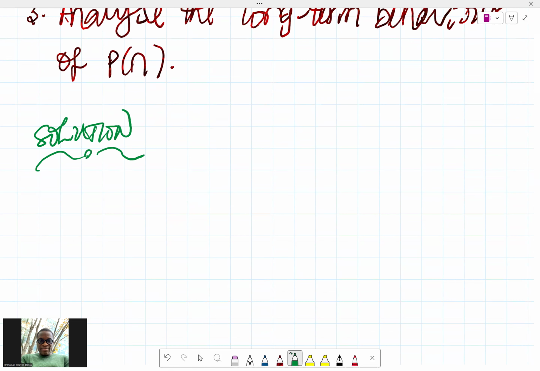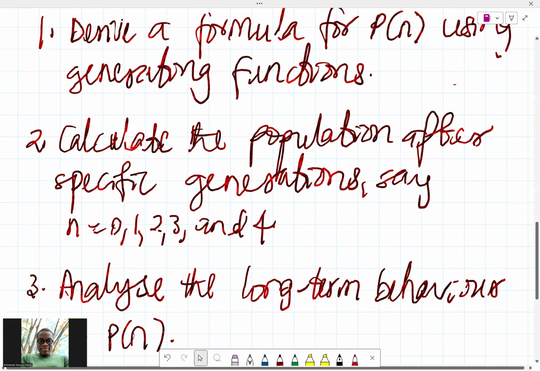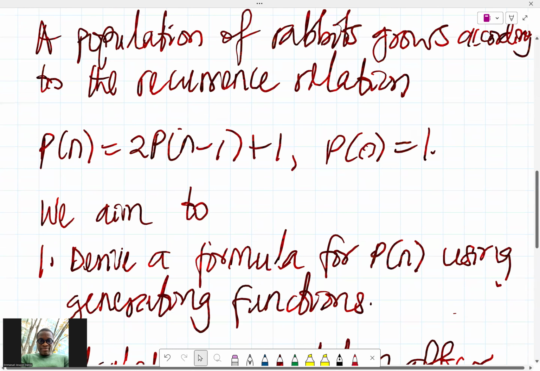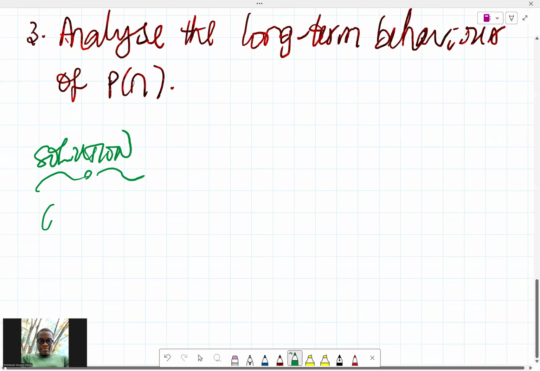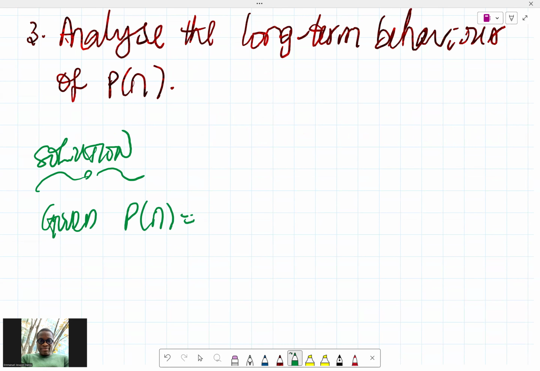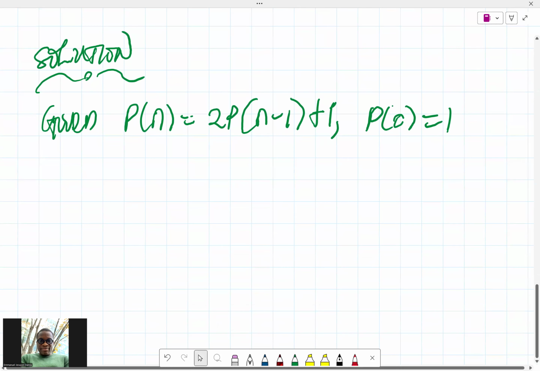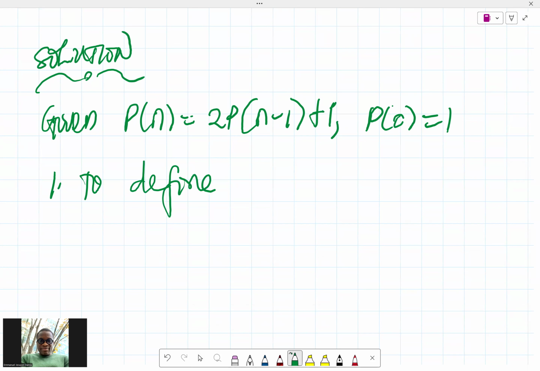The first thing we want to do is, of course, the recurrence formula is really important. So given P(n), that's the recurrence formula, which is 2P(n-1) + 1, with P(0) equals 1. That's like a starting value. So the first thing we want to do is to define the generating function.